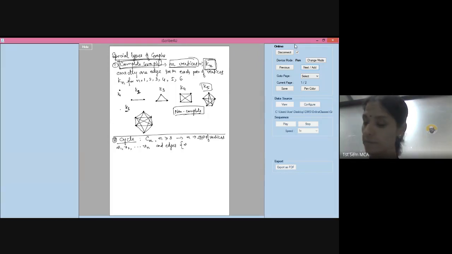Let us say v1 to v2 is one edge, v2 to v3 is one edge, and so on. I can have up to vn minus 1 vn. It's a cycle, correct? So you should have one more edge which will come back to the vertex v1.